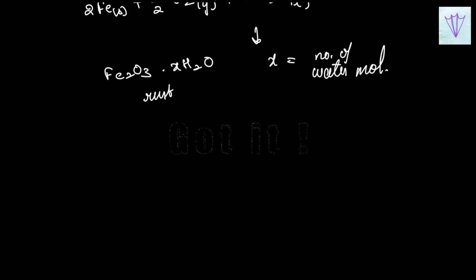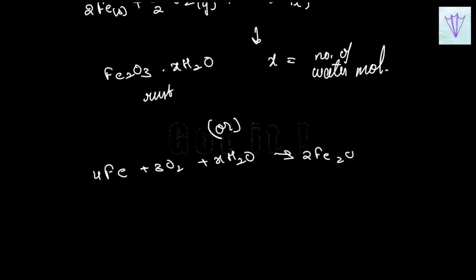So we can write the overall reaction as follows: 2Fe plus 3O2 plus XH2O will give rise to 2Fe2O3.XH2O. To prevent corrosion, the metal articles are generally painted.